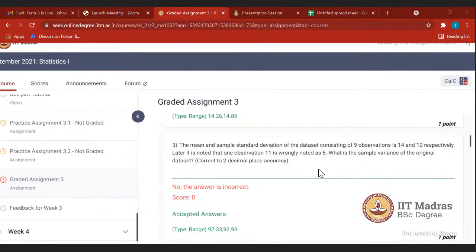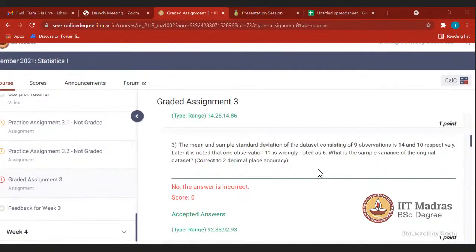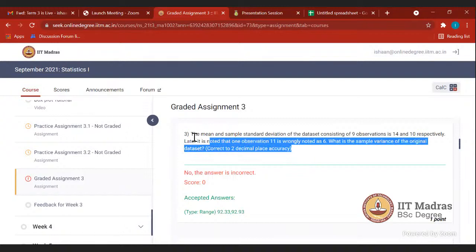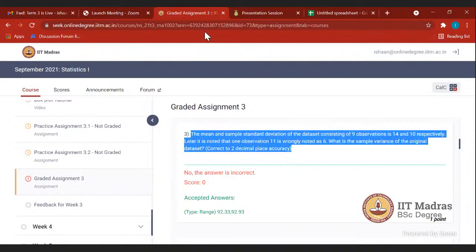I took x minus x bar as a and the difference in x bar as b, took a minus b the whole square, and then squared it. Yes, I think it's correct. So question number 9, you can do it like that.